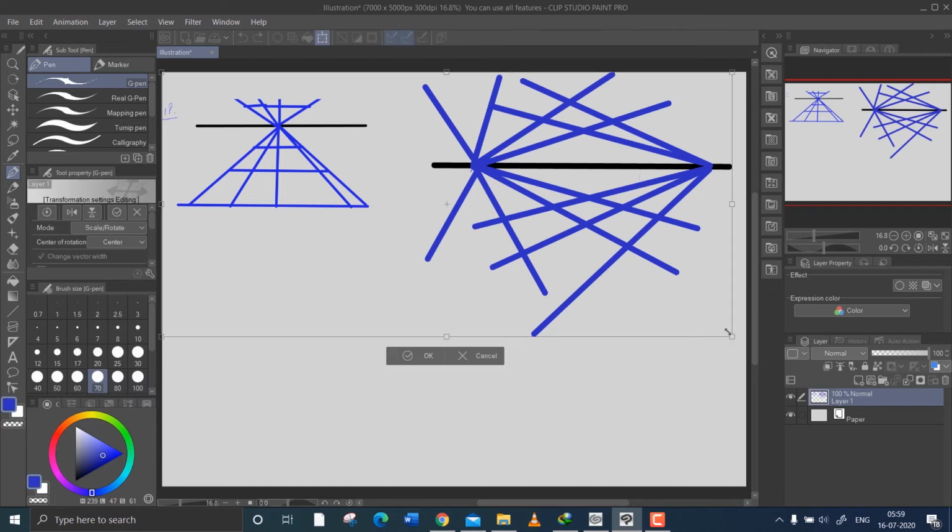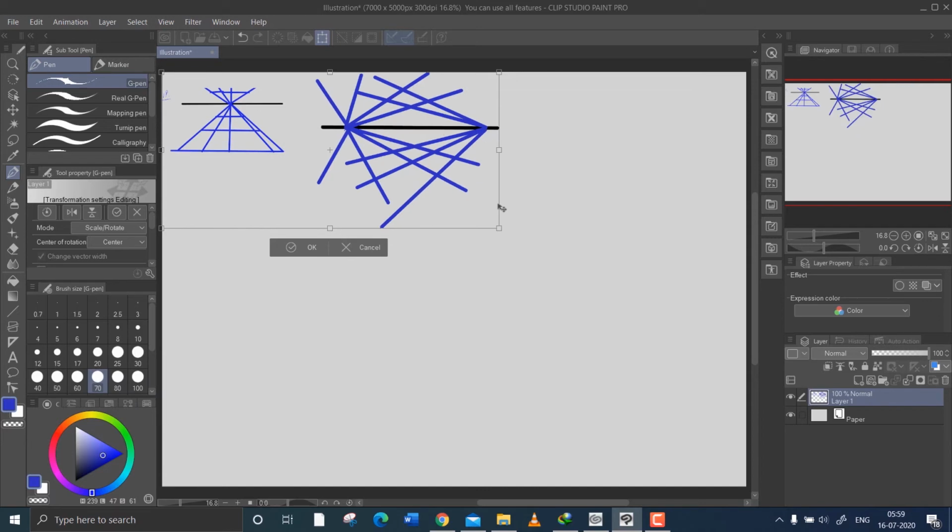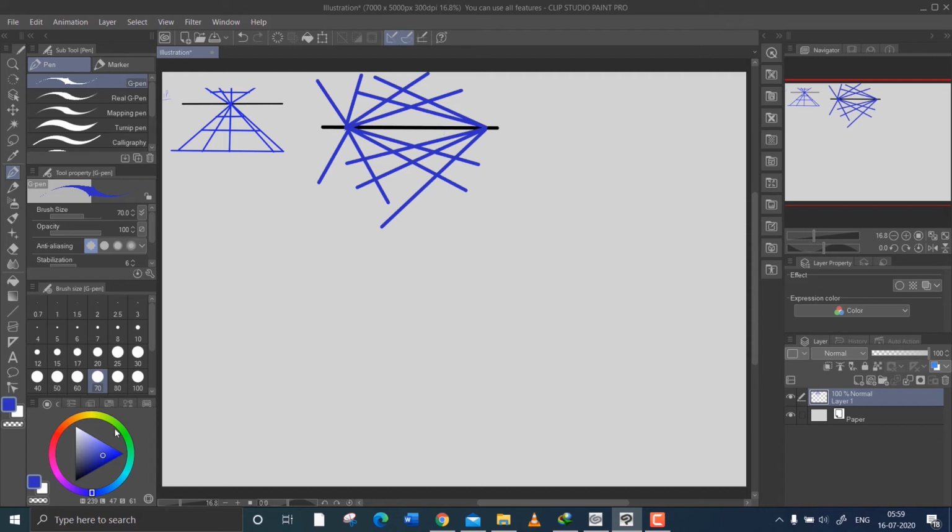Next we have 3-point perspective. 3-point perspective is also called bird's eye view. And at this point you can guess that instead of 2 vanishing points, we have 3 vanishing points. So let's make the grid.